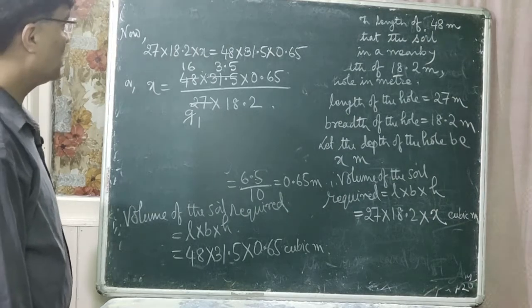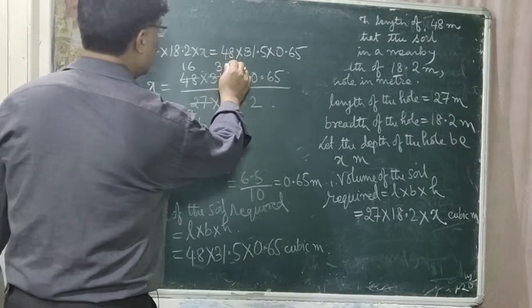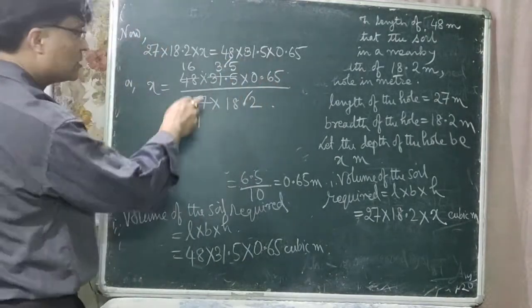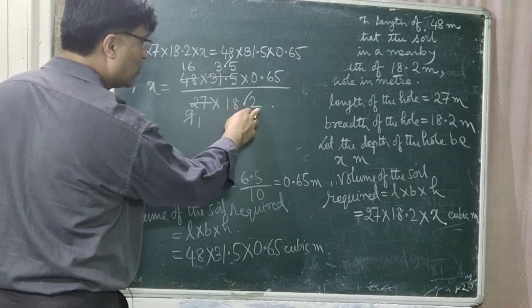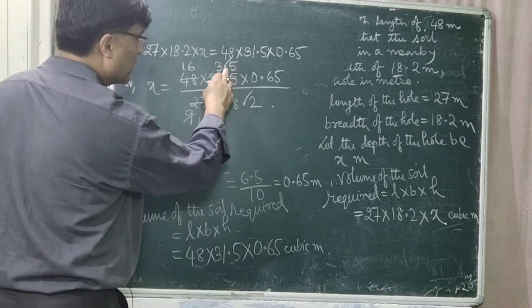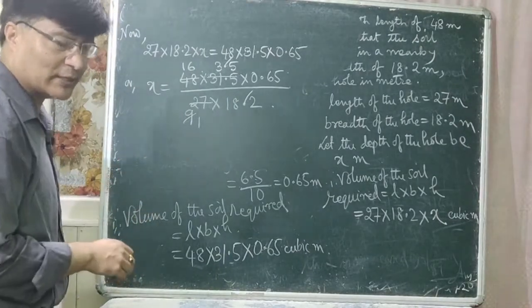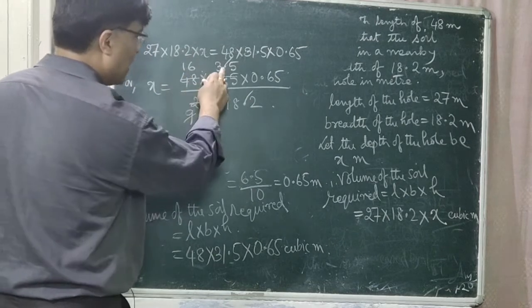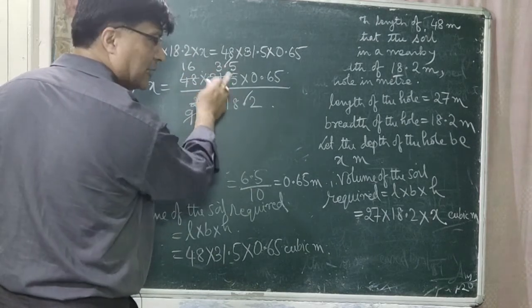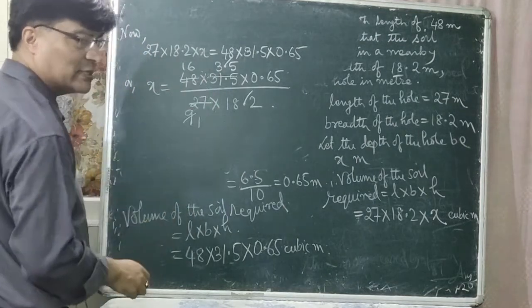Okay. So now here you can cancel this decimal point, because after the decimal point there is only one figure. Here also after the decimal point there is only one figure. So you can cancel this decimal point. I told you in the previous problem, isn't it? So after the decimal point in these two fractions, the same number of figures must be there to cancel that decimal point.